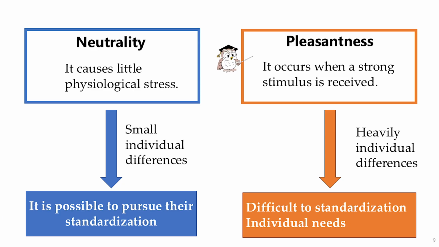On the other hand, pleasantness occurs when a strong stimulus is received. For example, there is the pleasure felt at the moment when the temperature changes from hot to cold. Because it depends heavily on individual differences, it is difficult to standardize, and it is necessary to devise ways to meet the needs of each individual.